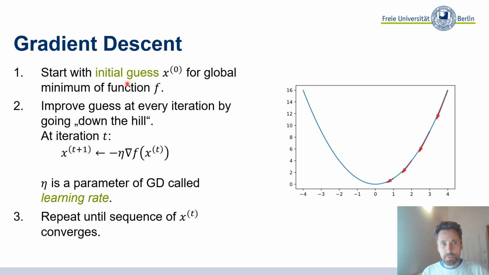So we start at an initial guess. Doesn't really matter where we are. And then we look at the gradient of our function f, or whatever function we want to minimize. And the gradient of this function gives us the direction in which it's going upwards.